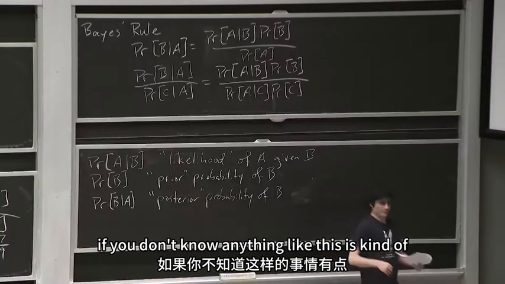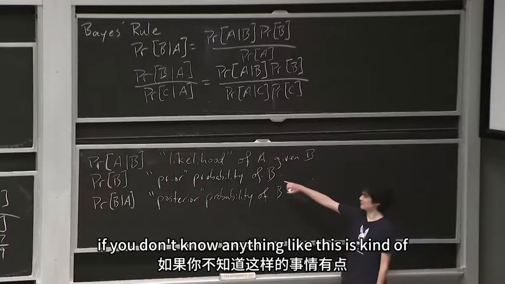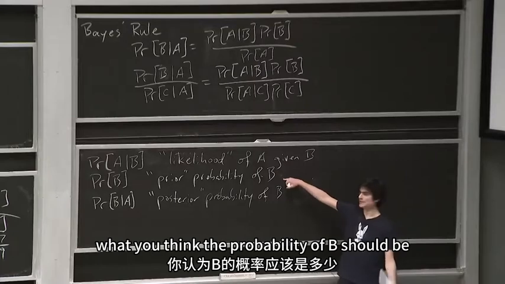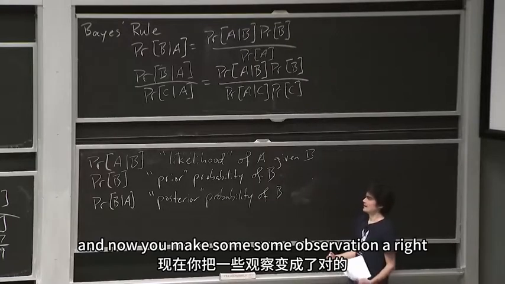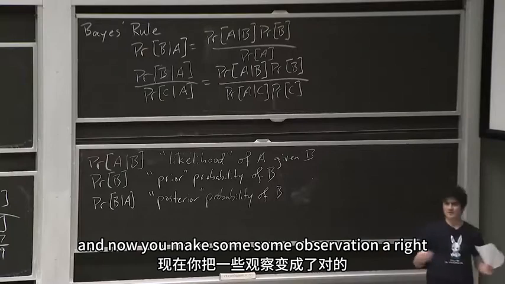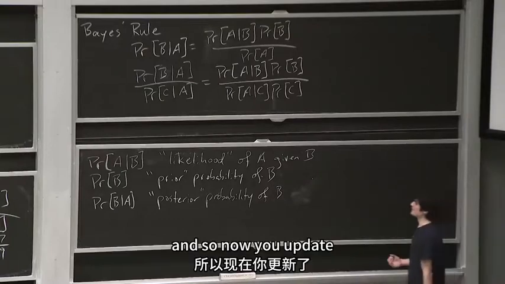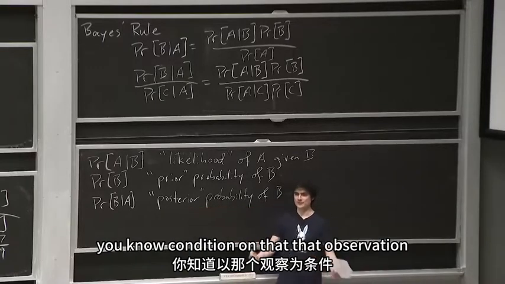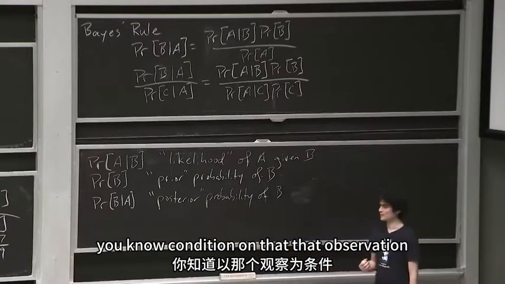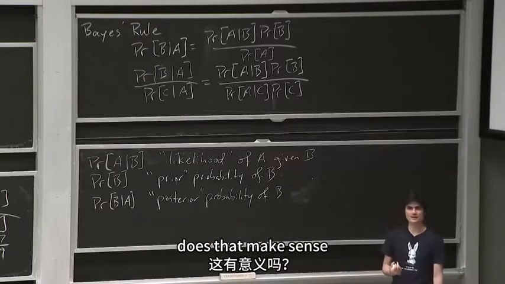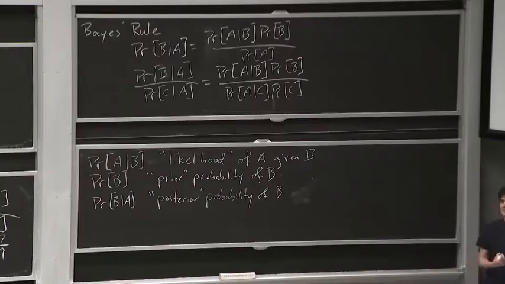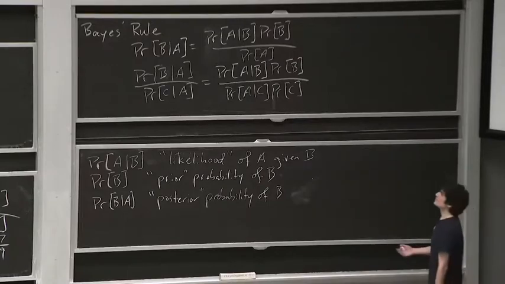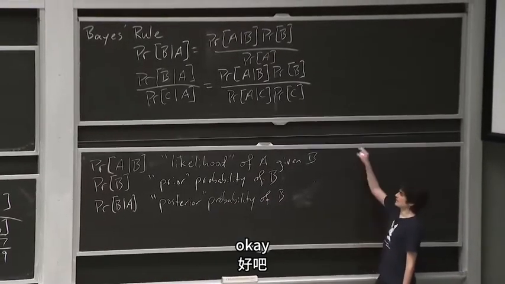If you don't know anything, this is what you think the probability of B should be. Now you make some observation A, and so you update, and you get a posterior probability of B, conditioned on that observation. Does that make sense?